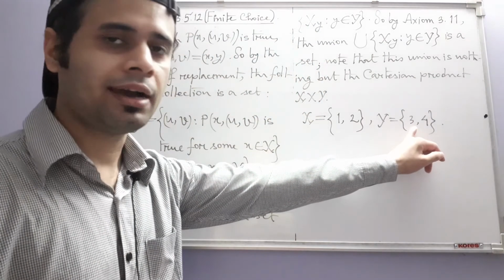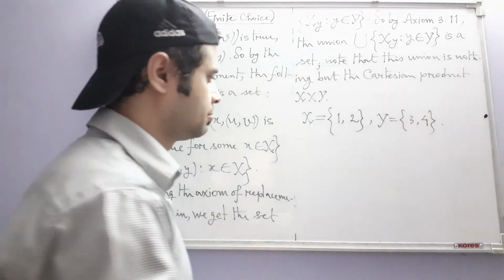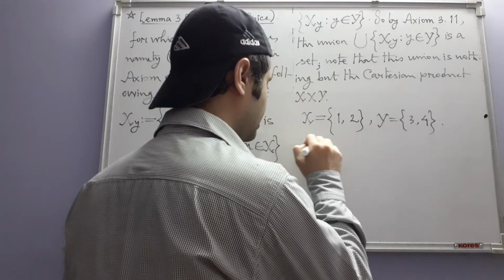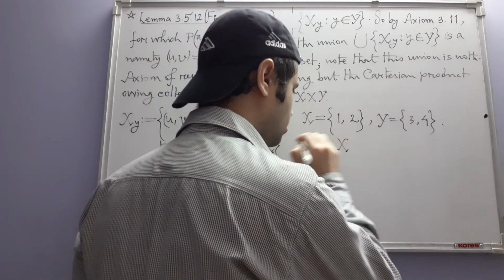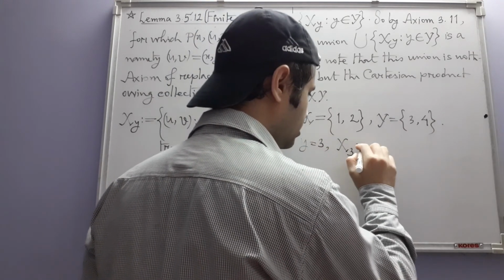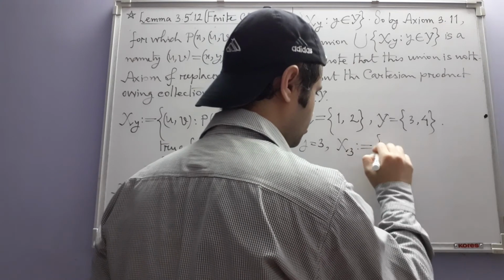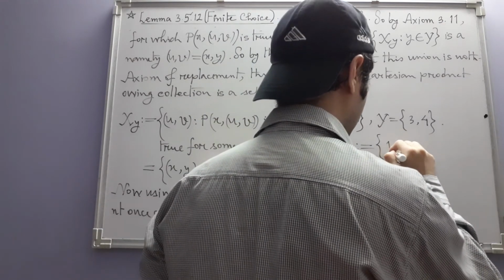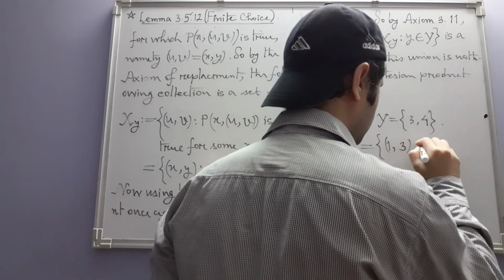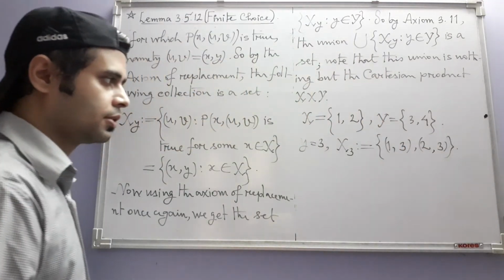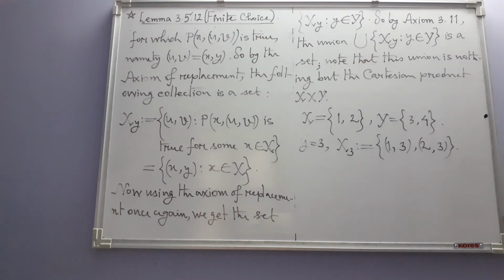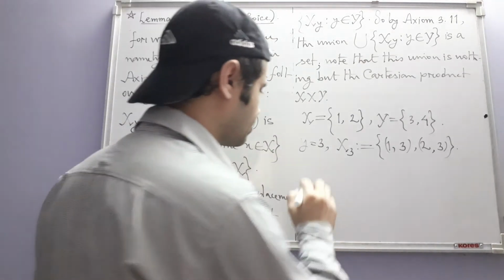If we choose our y to be 3, then X_3 is this: (1, 3), (2, 3). It's the set of those ordered pairs where the second component is 3.